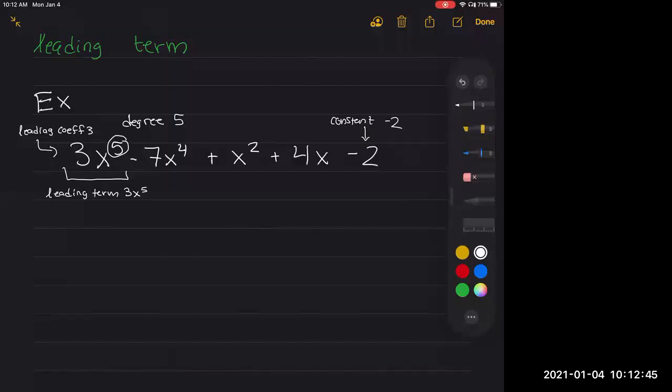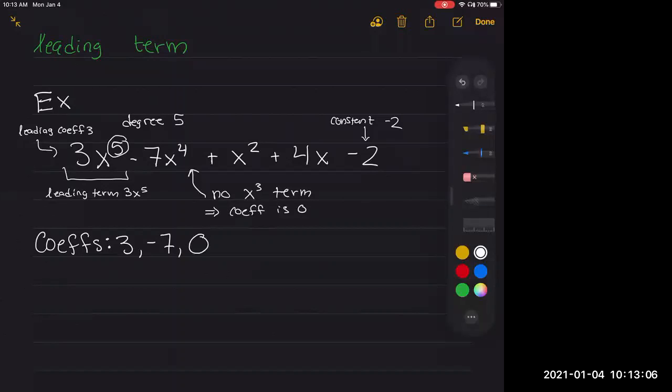And now let's list out the coefficients. So there's a 3, there's a minus 7, and then if we look here, there's no x cubed term. So this implies that the coefficient here is 0.